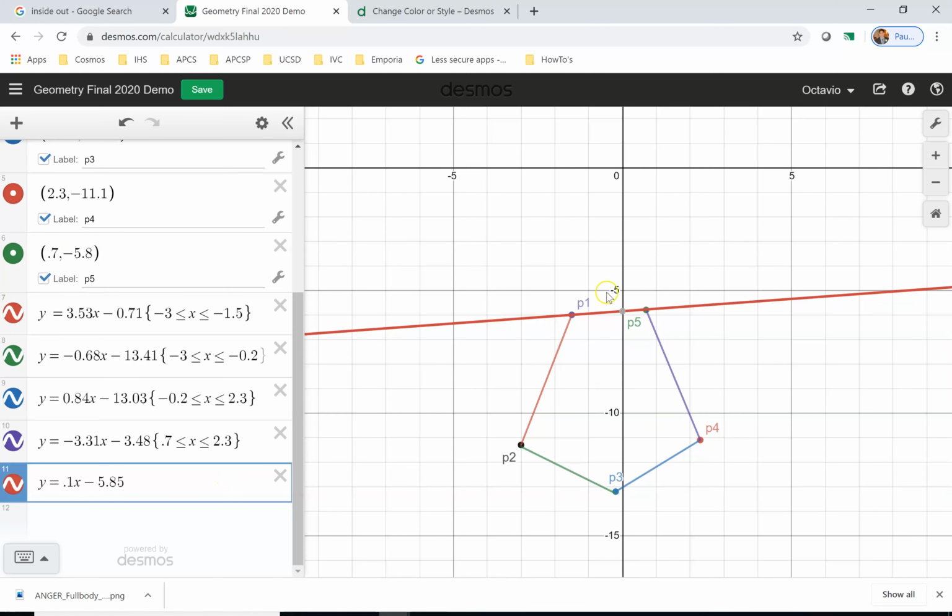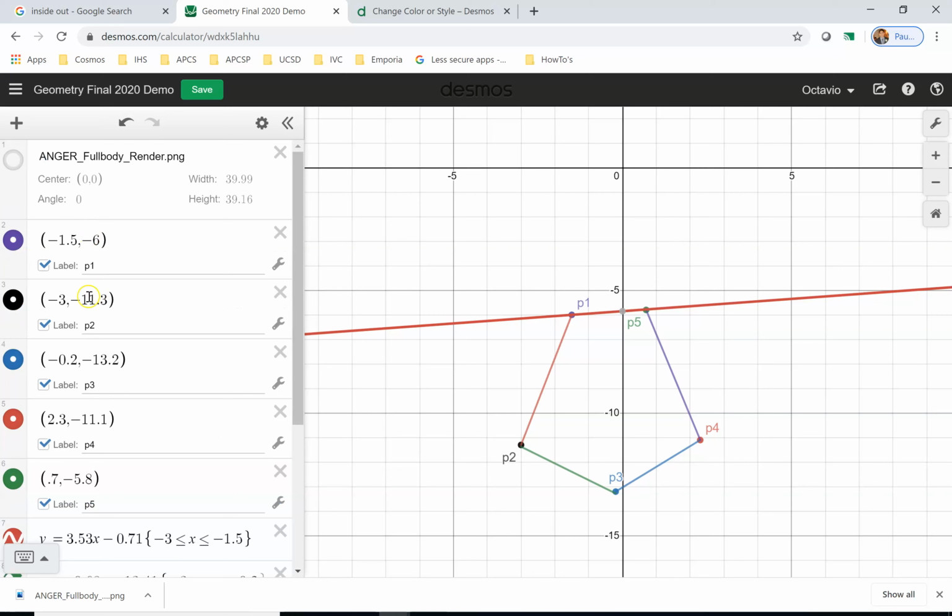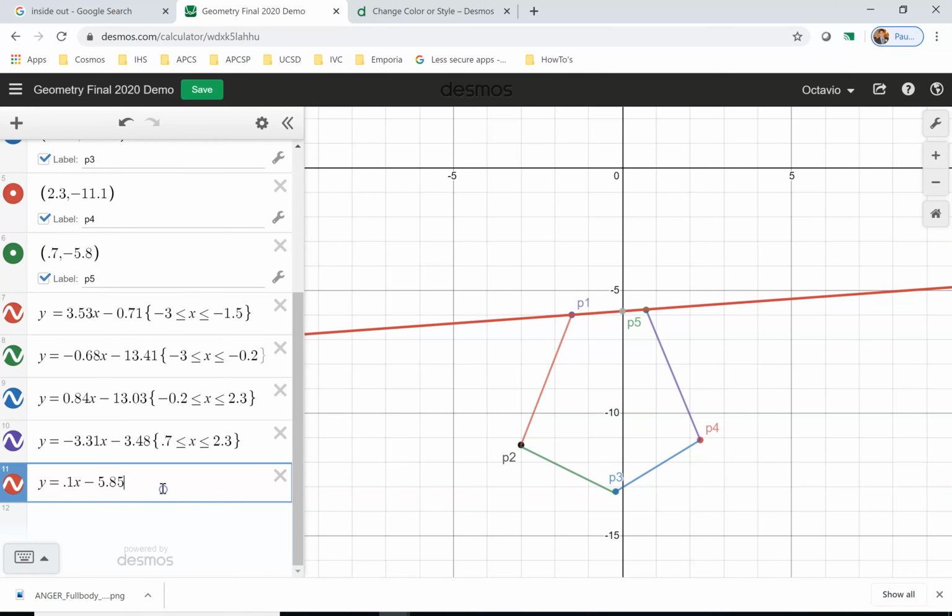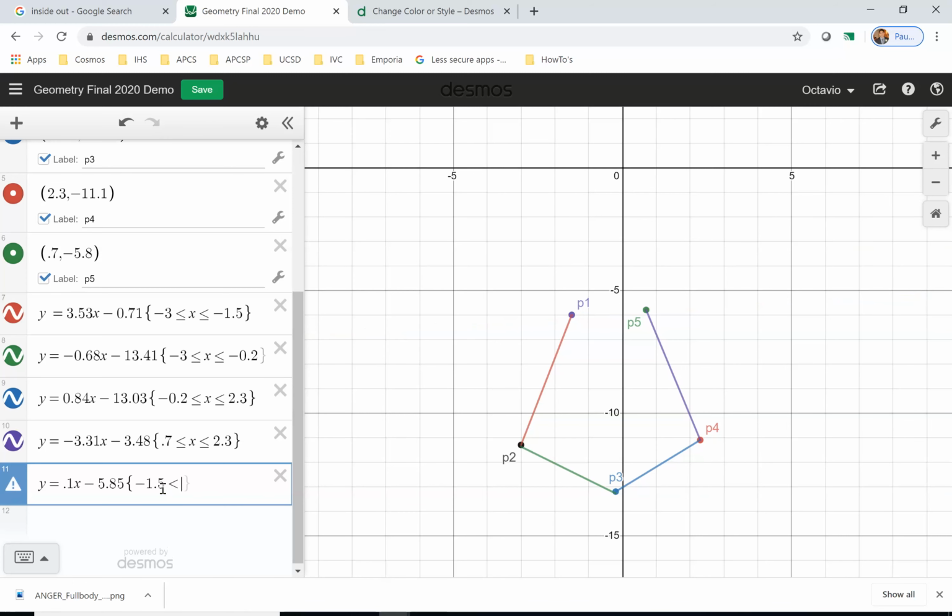Now I need to restrict the domain. Well, I'm going to use the x coordinate of point 1. That's the smaller, that's on the left, right? The x coordinate, and the x coordinate of point 5. So point 1 is -1.5. I'm going to put here -1.5 less than or equal to x, less than or equal to, and the x coordinate of point 5, that's 0.7.